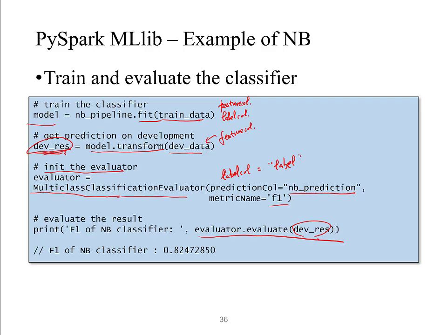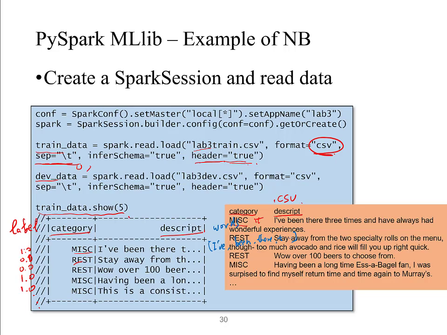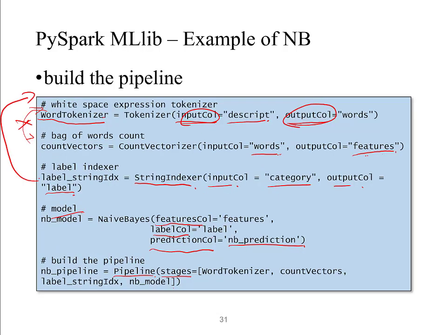Now let's go back and start from the very beginning of this example. Just have a look at all these things, because it might be used in your project too, at least the idea or the main procedures. So basically, you create a Spark session, you read the data. You can use show to see how your data looks, or printSchema to print the schema of your data frame.